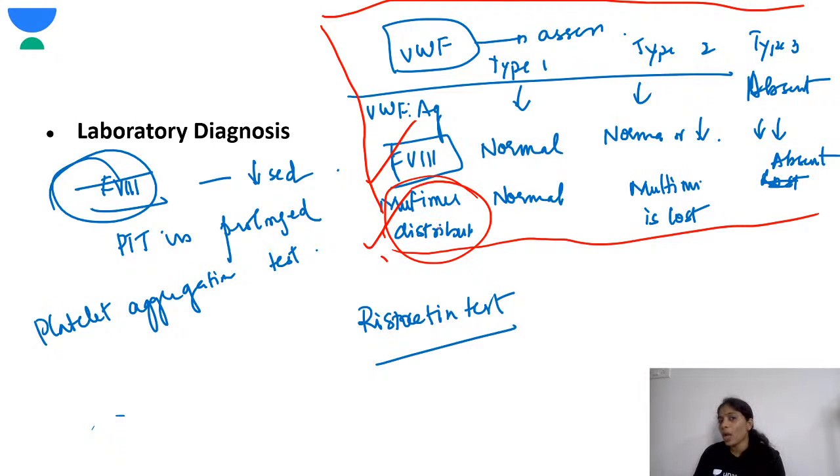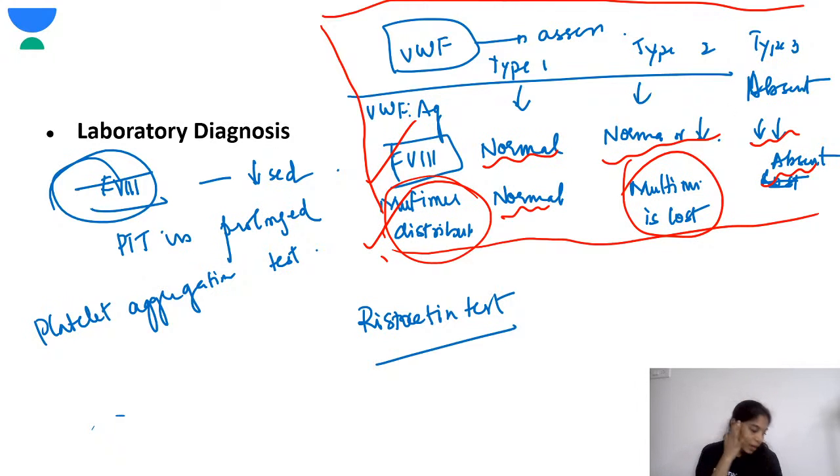In type 1, the von Willebrand factor is normal but the amount is decreased, so it is normal multimerization. In type 3, there is complete absence of von Willebrand factor, so the multimers are not there. In type 2, it is a qualitative defect, so the multimerization is lost. That is what you have to remember. Factor 8 is normal in type 1, decreased in type 3, and in type 2 it could be normal or decreased. The multimerization and factor 8 are very, very important.